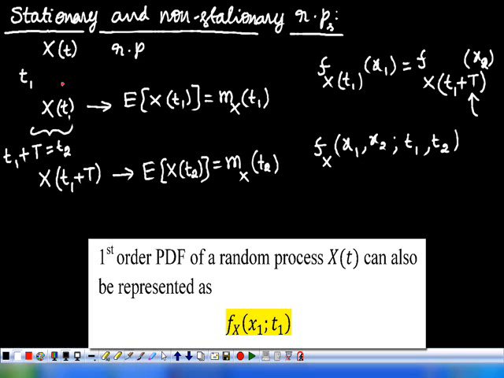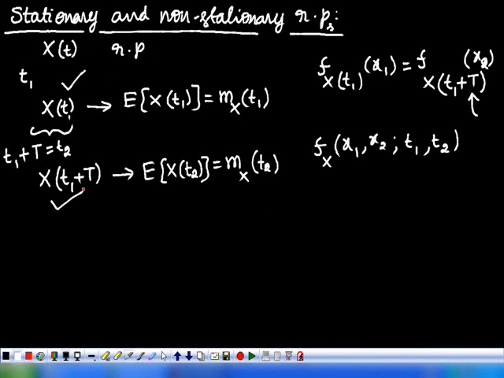Here we obtain two different random variables by observing the random process at two different time instants, t1 and t2. If you consider this, the probability density function of the first random variable is equivalent to the probability density function of the second random variable. So obviously mx of t1 will be equivalent to mx of t2. Is that right?